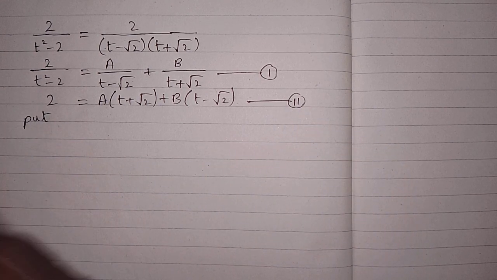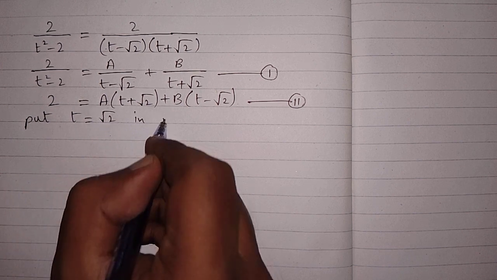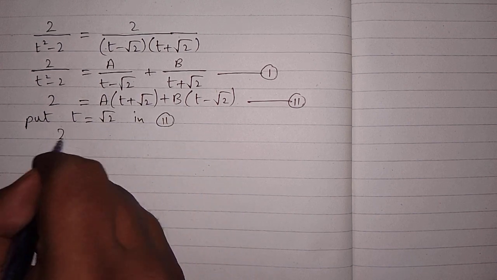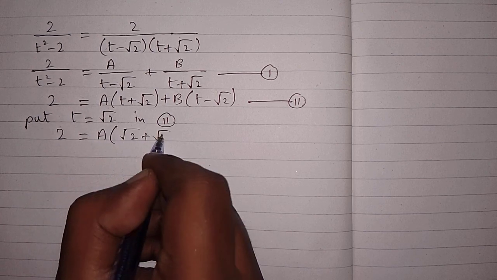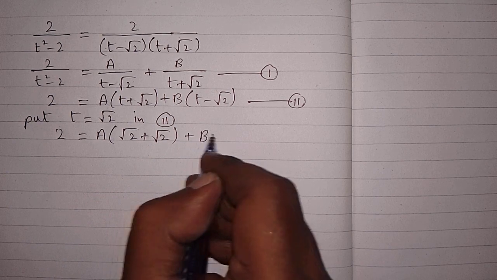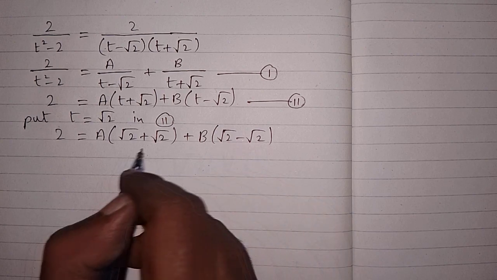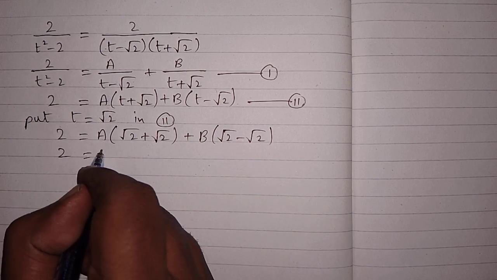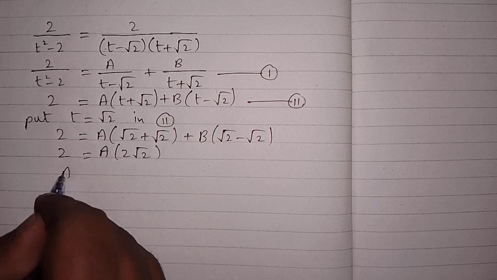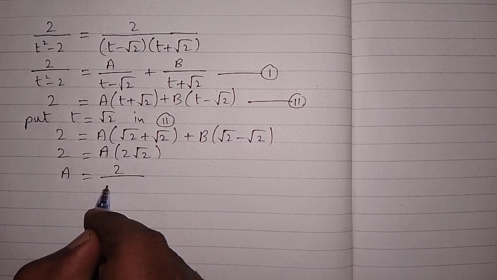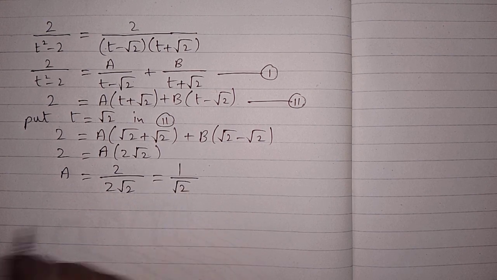Now put t is equal to under root 2 in equation 2. So we have 2 is equal to a times under root 2 plus under root 2 plus b times under root 2 minus under root 2. So this will become 0 and this is 2 under root 2. So the value of a is 2 upon 2 under root 2, which can be written as 1 upon under root 2.